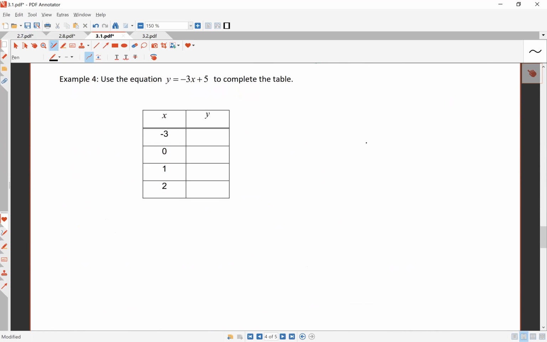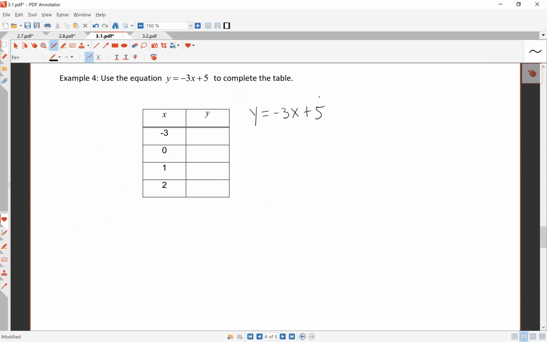is these equations in two variables, y equals -3x plus 5. So that's thought of as a formula that tells you what y is. You always take -3 times the x value and add 5.